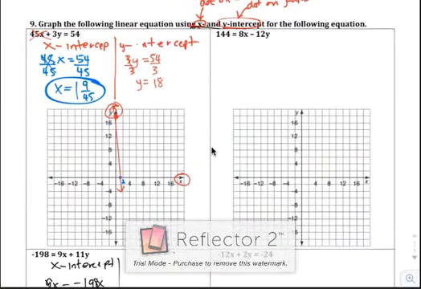The y doesn't exist. Divide by 8. X equals, oh gosh, 18.